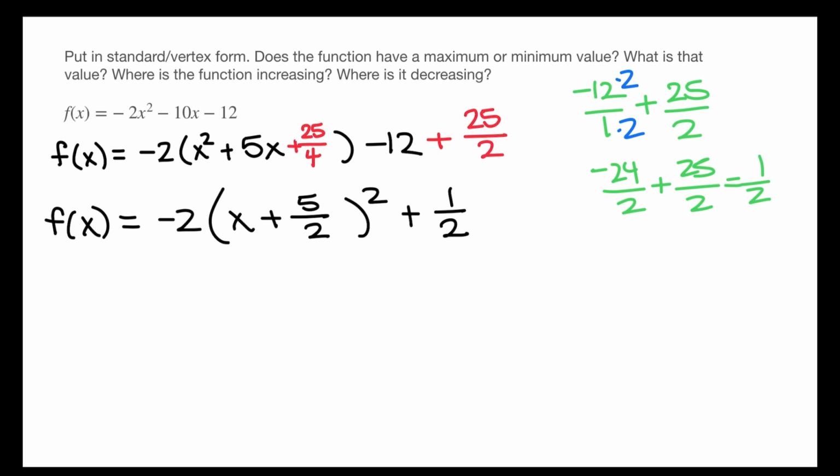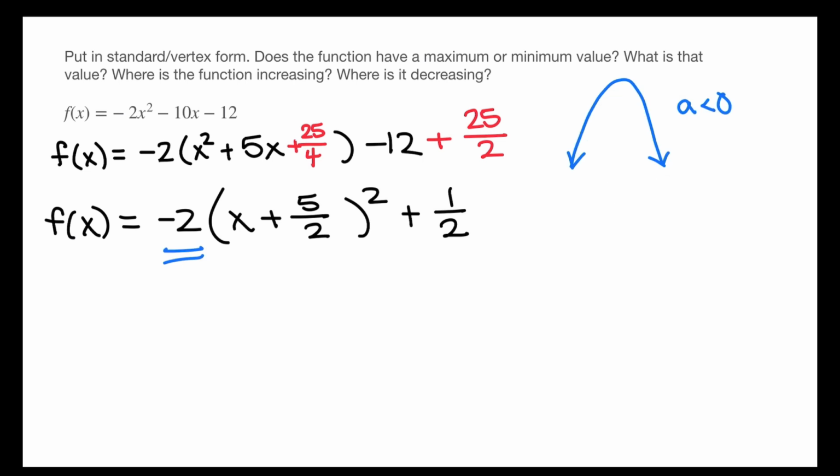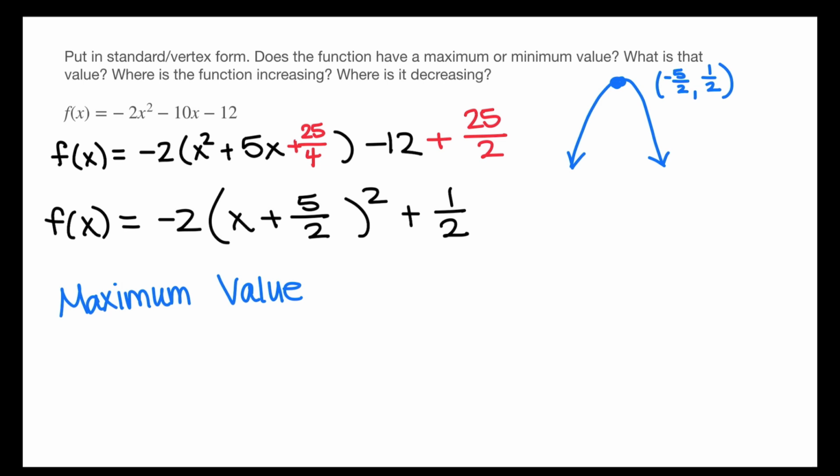The next question I'm asked is, does this function have a maximum or minimum value? We can answer that by determining whether the graph opens up or opens down. Since my a value, the number in front of the parentheses, is negative, that means the graph opens down. If the graph opens down, the vertex has to be a maximum.